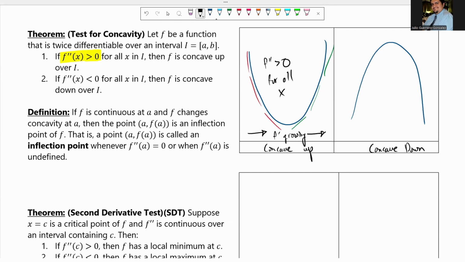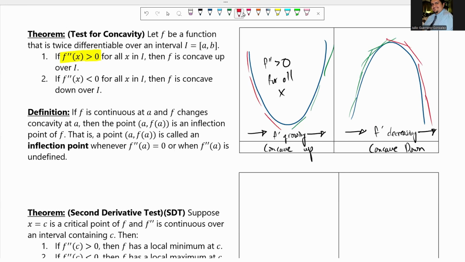Likewise, if you go that way, my f primes are decreasing because they are starting big positive. These are big positive values, and then they're going toward negative slopes.